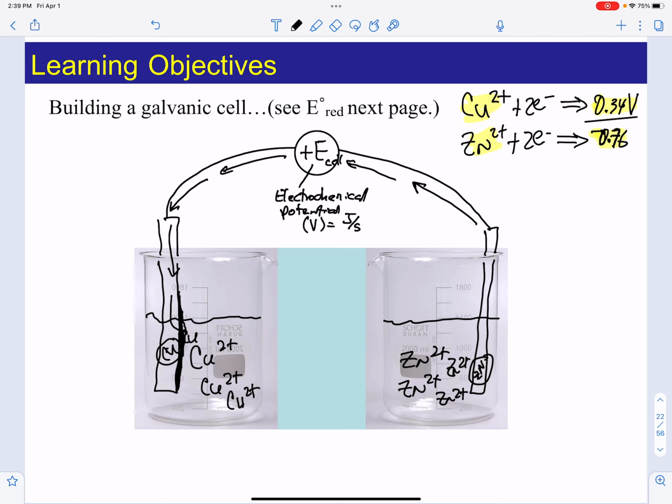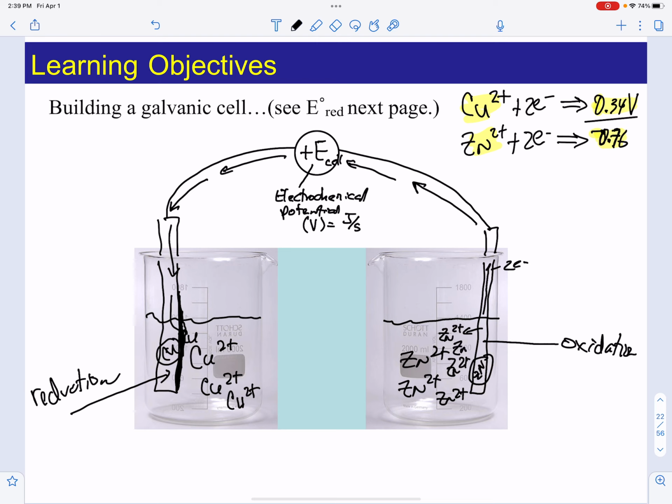So the electrons are always going to travel toward the one that can be reduced better. So reduction is happening here and oxidation is happening here. As the electrons leave, then more zinc gets broken off the metal.